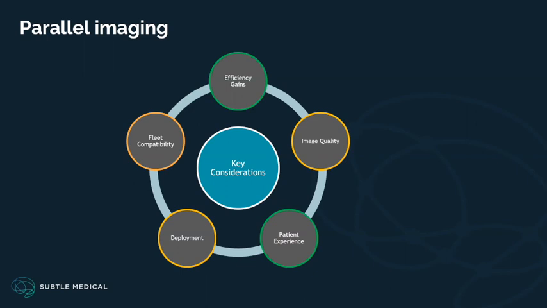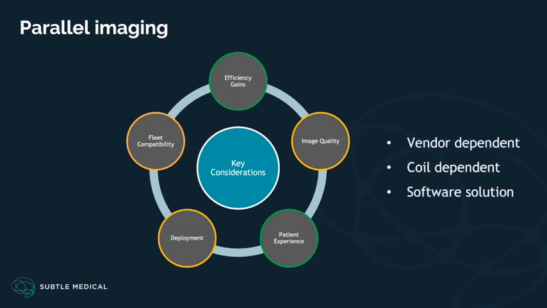Obviously, for compressed sensing it's different since it is a more data-driven method. So it's highly vendor dependent; each vendor has their own solutions. Most of the parallel imaging techniques depend on the coil design and how many elements or channels are available so that it can improve the efficiency factors. But it is a very robust software solution and much less expensive compared to some of the hardware solutions to improve these metrics.